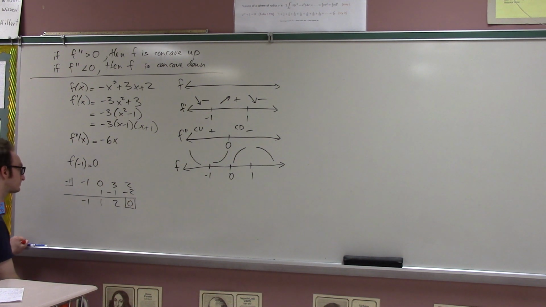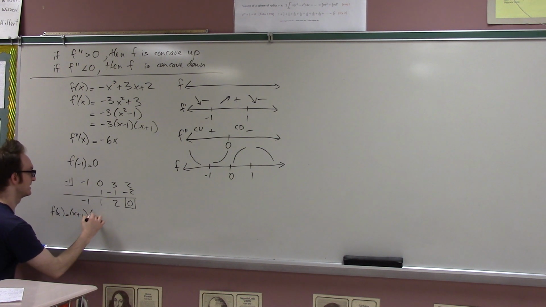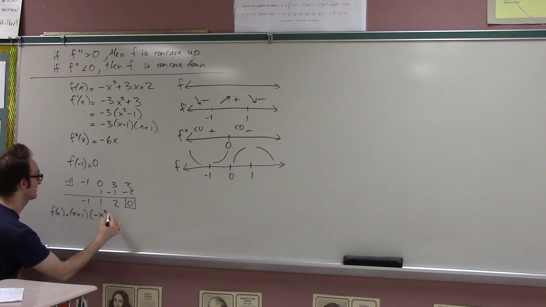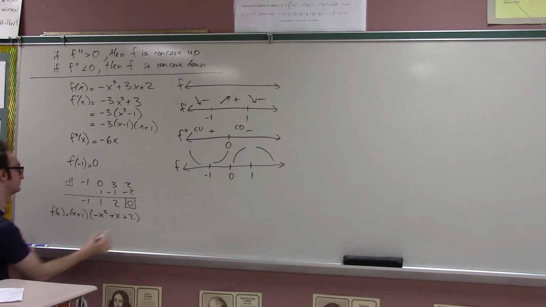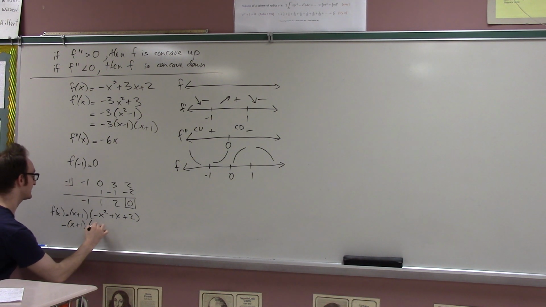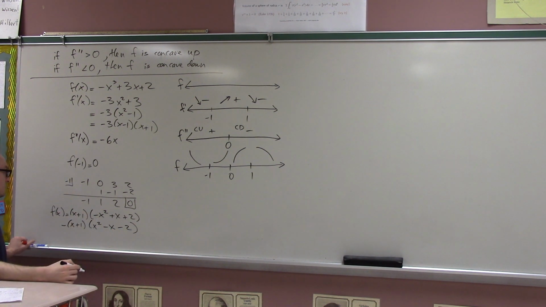It does go in. So it turns out that this function can be written as x plus 1 times negative x squared plus x minus 2 plus 2. So that's negative x plus 1 times x squared minus x minus 2. Does that factor more? Minus 2 plus 1?